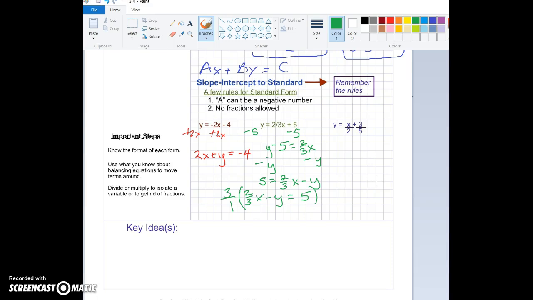So I've got 3 times 2/3, and you'll notice that those two cancel out and I end up with 2x. And then I'm going to multiply 3 times negative y, which gives me minus 3y. And I'm going to multiply 3 times 5, which gives me, that should be a negative 15. So 2x minus 3y equals negative 15.